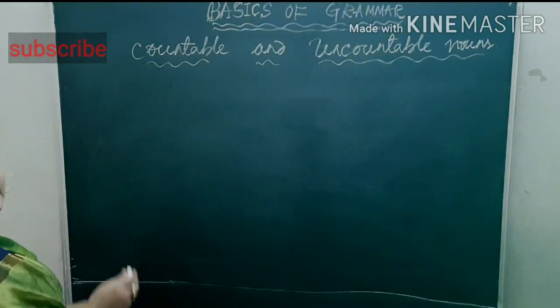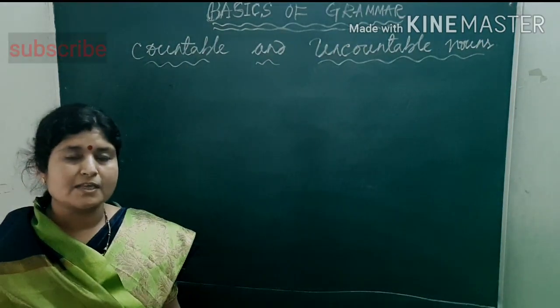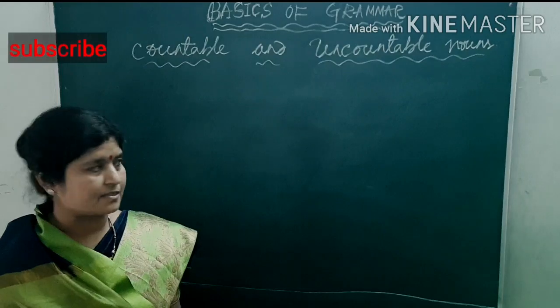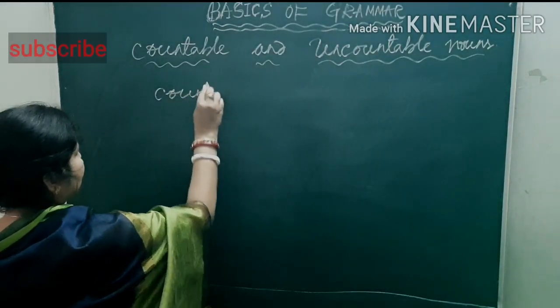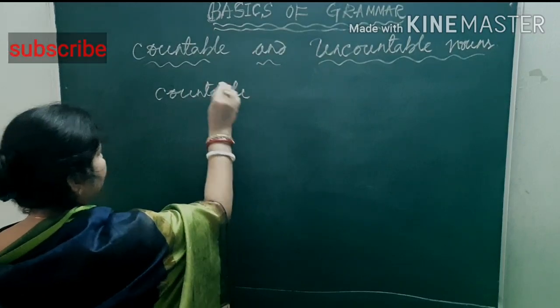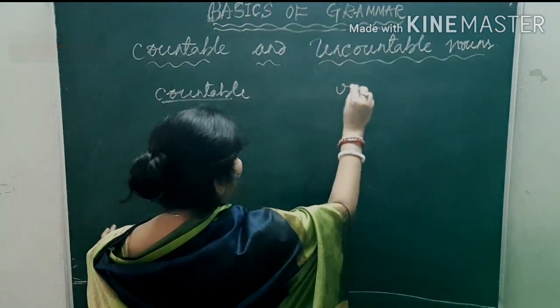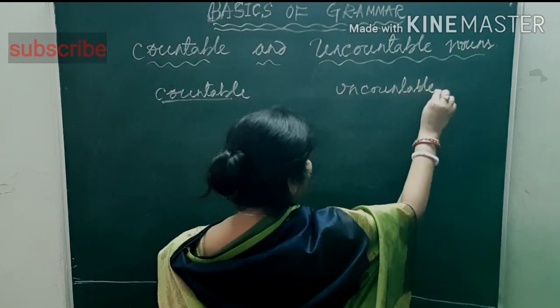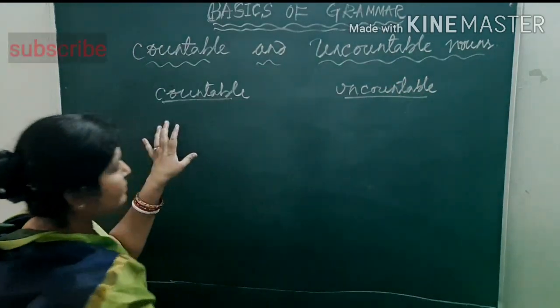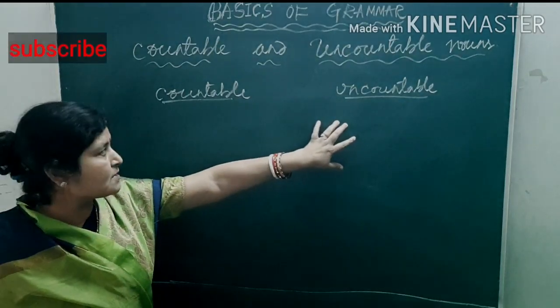We know that common nouns are grouped into two broad classes, that is countable and uncountable. So what are countable and uncountable nouns?